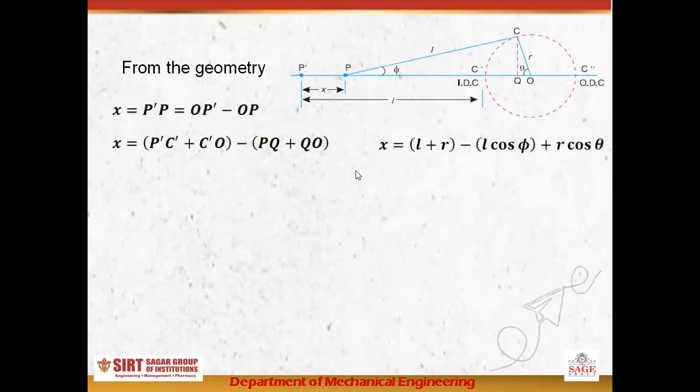From the geometry, we can substitute the values of P dash C dash, C dash O, PQ, and QO.